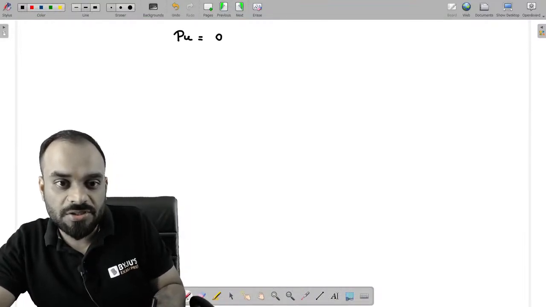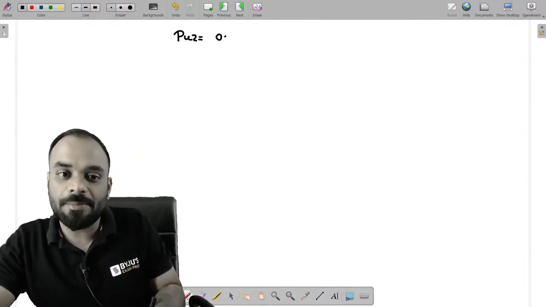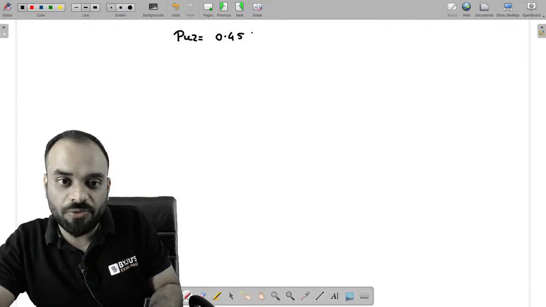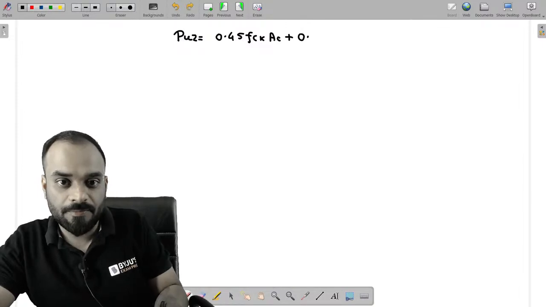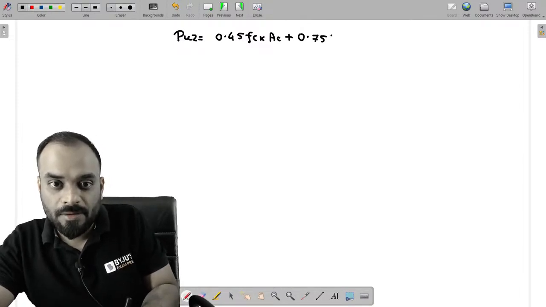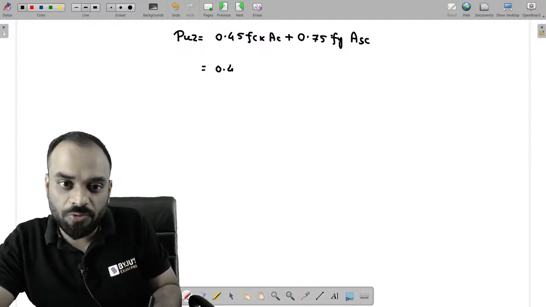PUZ is equal to how much? You know that, guys, this is basically the ultimate load carrying capacity of the column, and it should be 0.45 FCK into AC plus 0.75 into Fy into ASC. This should be the formula. So 0.45 FCK is how much?